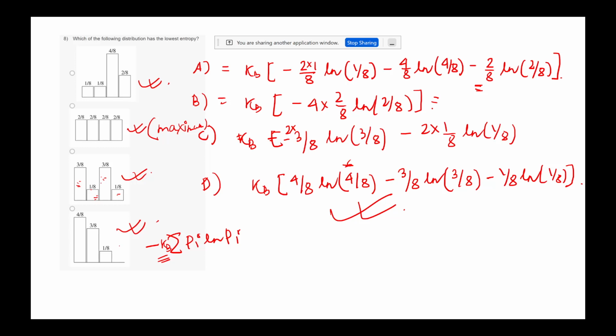So this is the minimum. In the second one, that is the second highest, because two pairs had equal probability. And the third one has only one pair. Probably if you take the value, that will be the same. I'm just hypothesizing this.